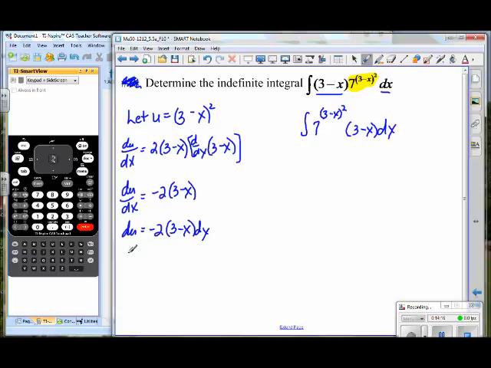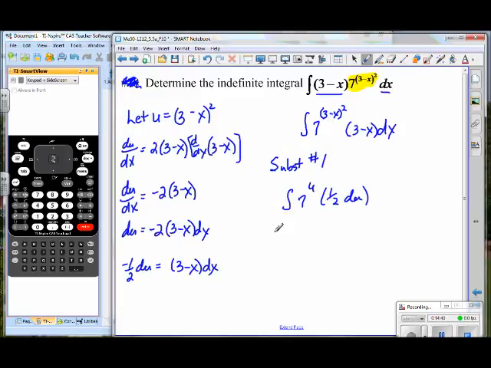We have an extra factor of negative 2, so we will multiply by a negative 1/2. And then we have exactly the same thing here that we have up here. So we're ready for our substitution number 1. And this would be the integral of 7 to the u power times 1/2 du. Again, that makes it 1/2 the indefinite integral of 7 to the u du.